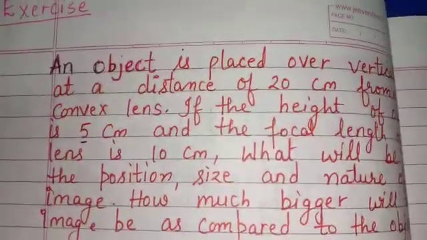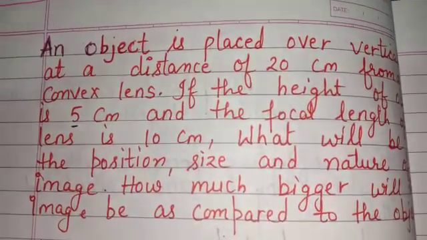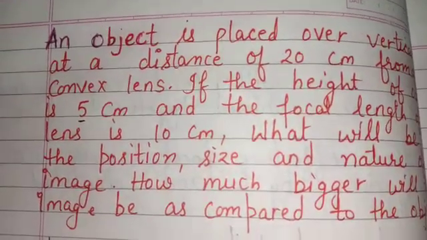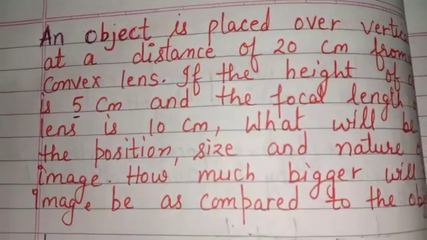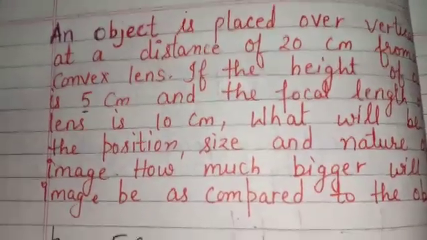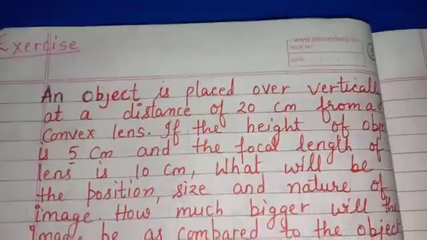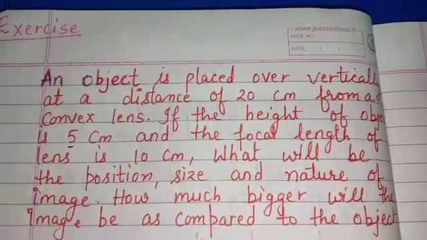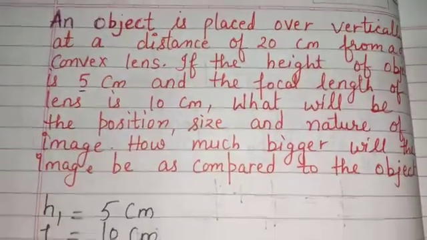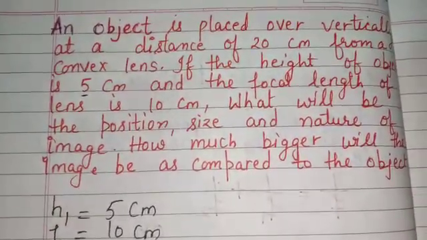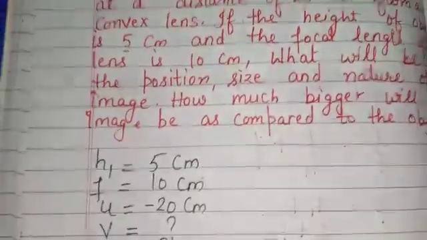See here, this is a question. An object is placed vertically at a distance of 20 centimeters from a convex lens. The height of the object is 5 centimeters and the focal length of the lens is 10 centimeters. What will be the position, size and nature of the image? How much bigger will the image be? That means you have to find the magnification as compared to the object.